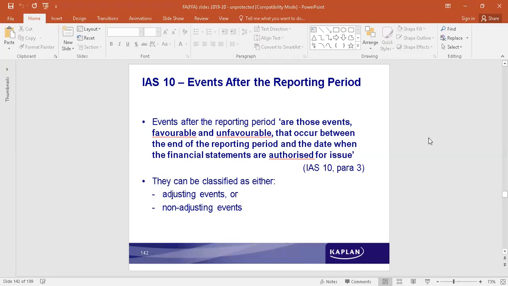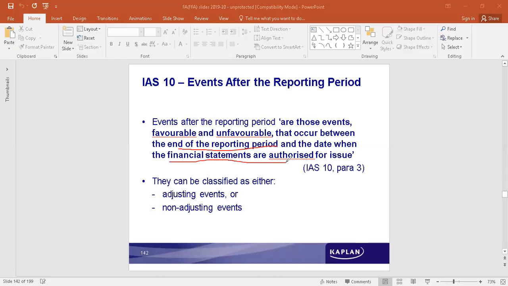They relate to the current period, but they were not realized immediately for the journalizing, posting into ledger account and the rest of it to take place. That was not possible, that was not done. So events after the reporting period are those events, favorable or unfavorable, that occur between the end of the reporting period and the date when the financial statements are authorized for issue.